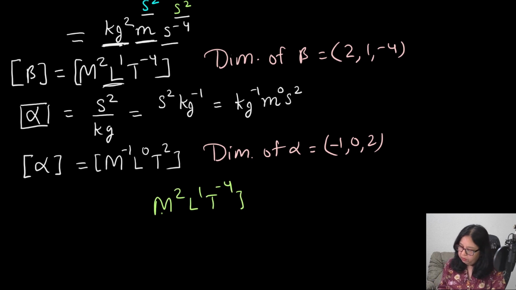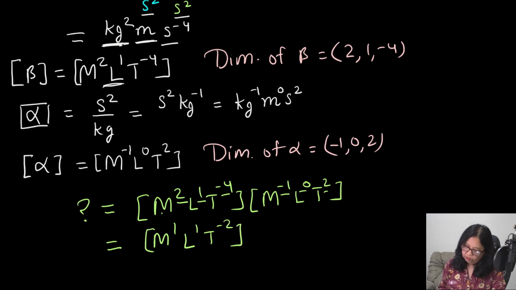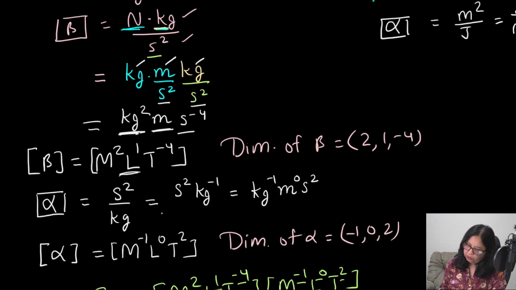M2 L1 T-4, this is beta, times alpha, M-1 L0 T2. What does this give us? M to the power 2 minus 1 is 1. L to the power 1 plus 0 is 1. T to the power -4 plus 2 is -2. And indeed, this is the dimensional formula for force. So we have calculated alpha and beta correctly.